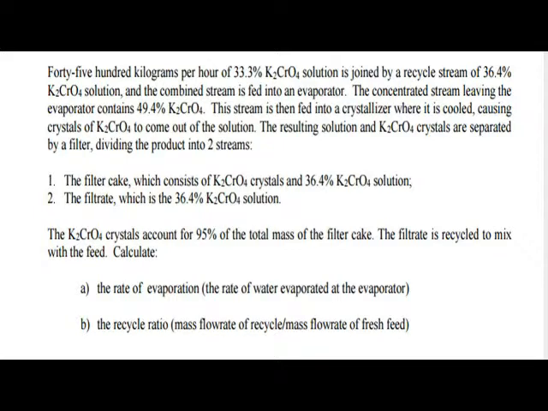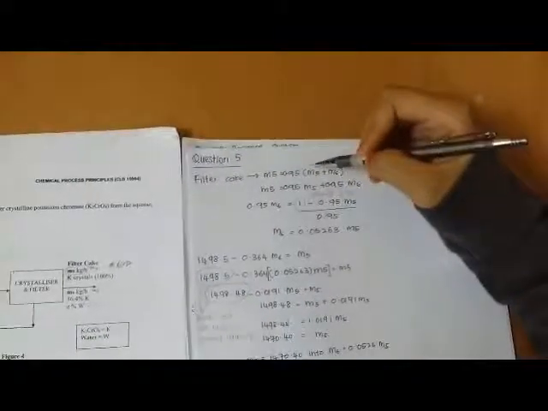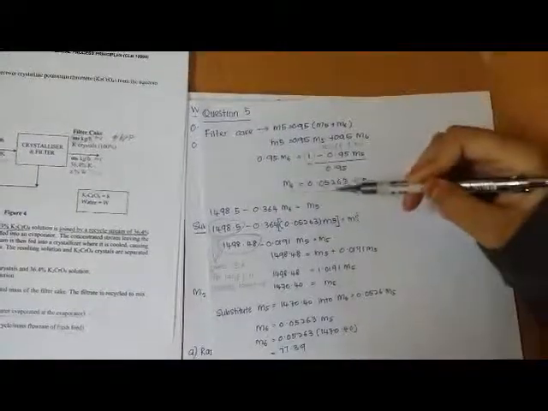To find the M5, for the filter cake, the formula is M6 equal to 0.95 times M5 plus M6. So we need to find the filter cake first because we want to know the rate of evaporation for question A. After we get the M6, we just need to substitute everything in the overall balance that we already did.